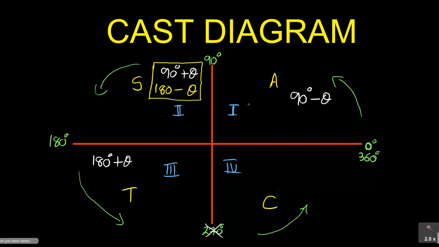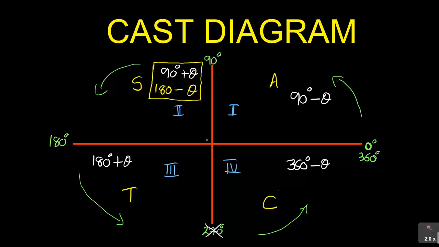We're going to deal only with 90 and 180. And the last one is, because we have not passed 360, it will be 360 minus theta.